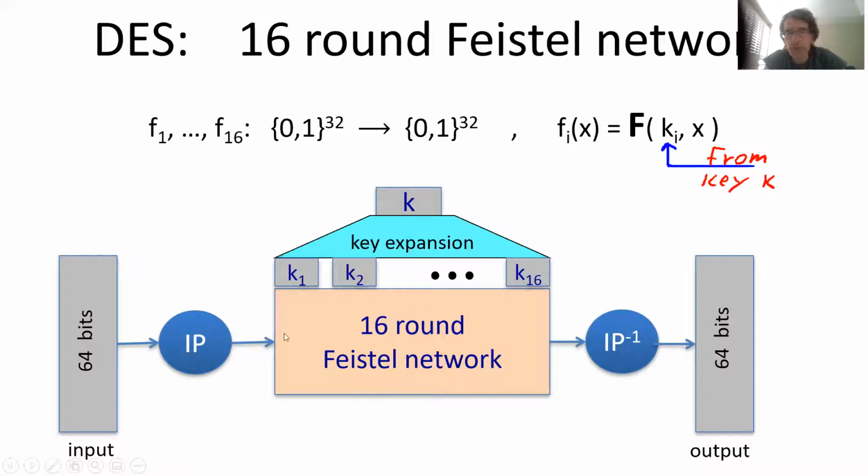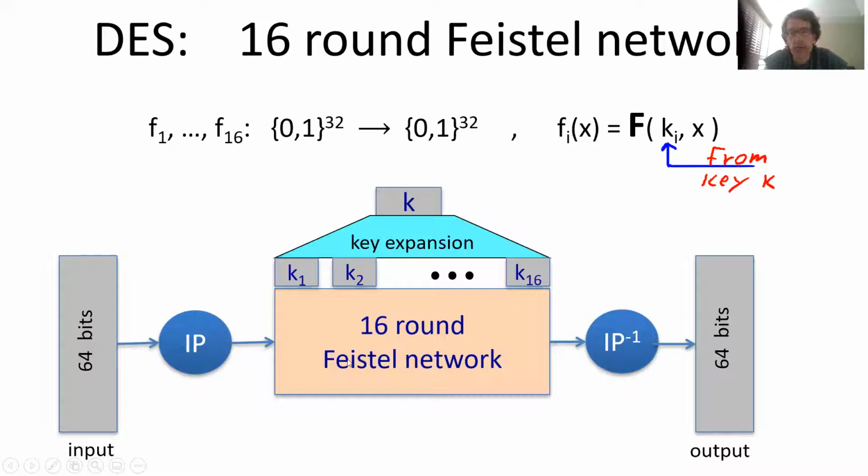Now there are two more things happening. The input block, 64 bits, is permuted by something called the input permutation, and on the output you have the same permutation inverted. So it's a fixed circuitry that does not depend on the key that implements this permutation.